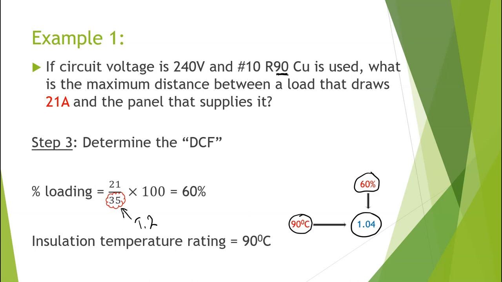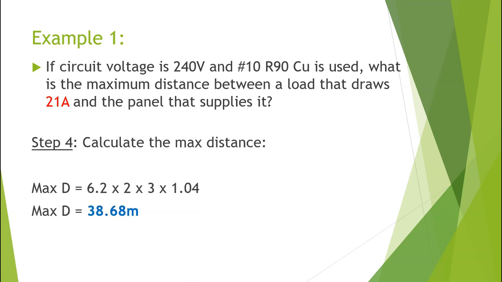Now what I have is my D3 value, I have a voltage multiplier, I have a voltage drop multiplier, and I've just calculated a DCF for this problem. All that's left to do is go ahead and actually do the calculation with each of these multipliers.